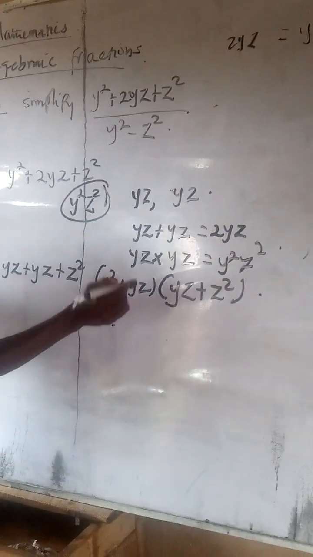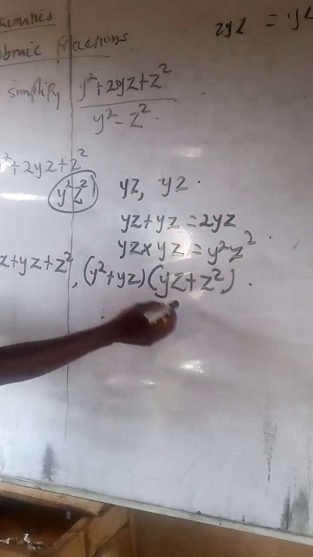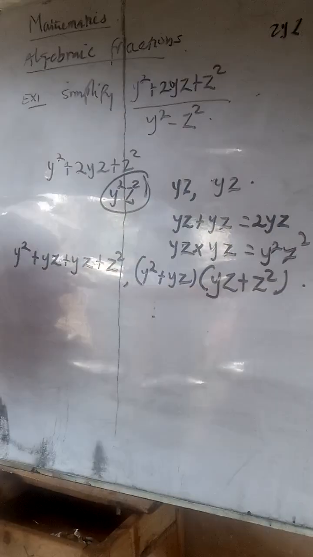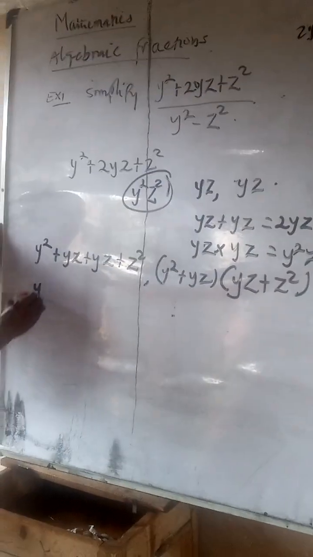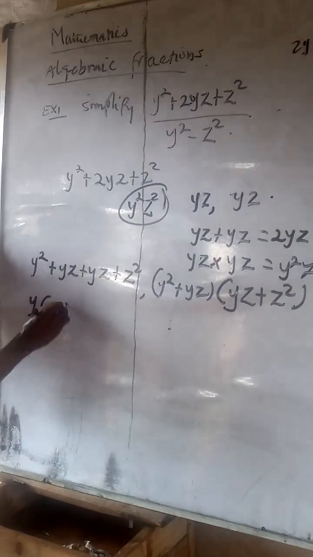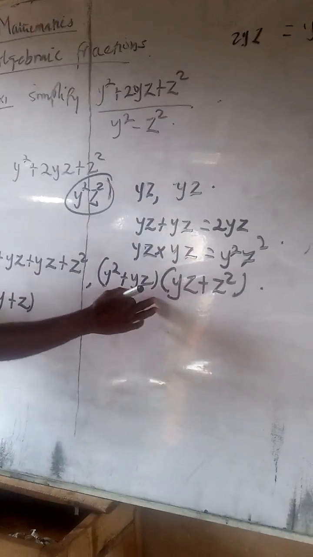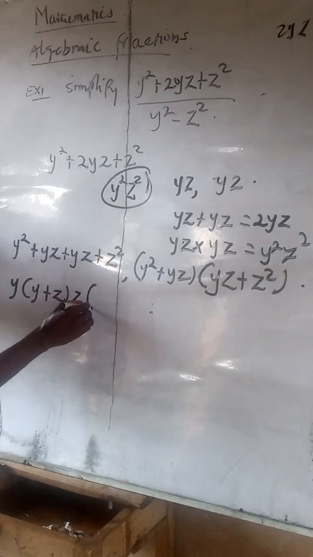Y is common in the first bracket, and z is common in the second. Factorizing, we have y into y plus z, and then z into y plus z.